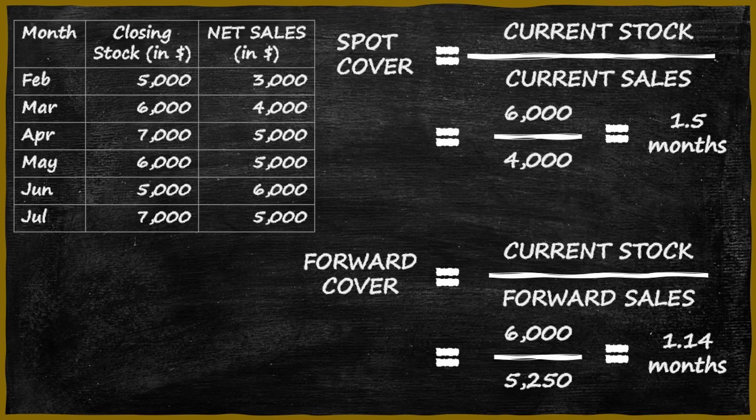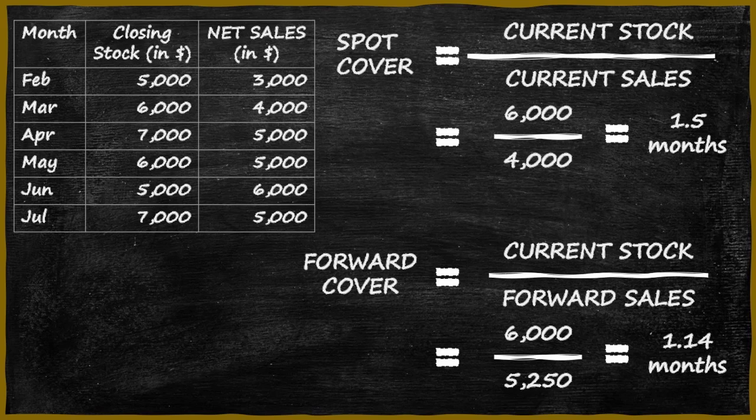If you had gone only with the spot cover, we could have ended up buying less for the future, as we feel that the stock is sufficient to cover us for an additional week. But this could lead us to stock outs and losing shoppers.